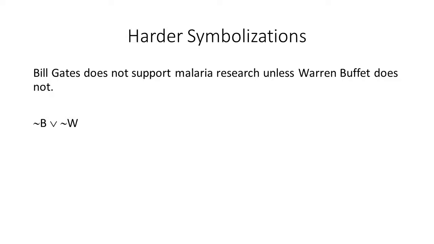And the wedge, the unless, pulls them together into one big statement: it's not the case that Bill Gates supports malaria research unless Warren Buffett does not support malaria research, or something like that. So then we'll have tilde B, wedge, tilde W.